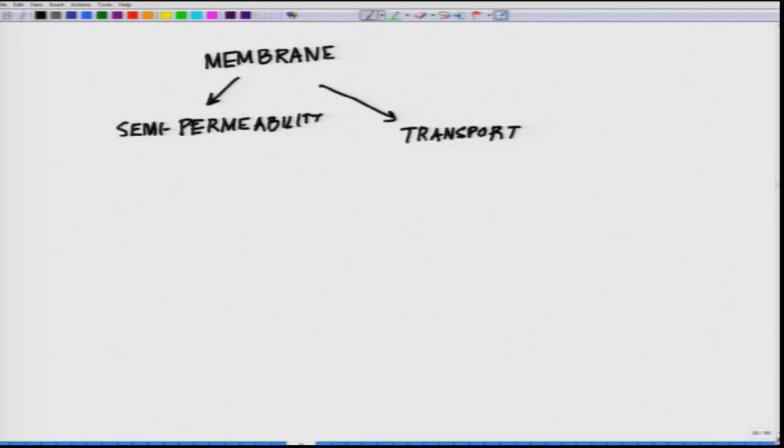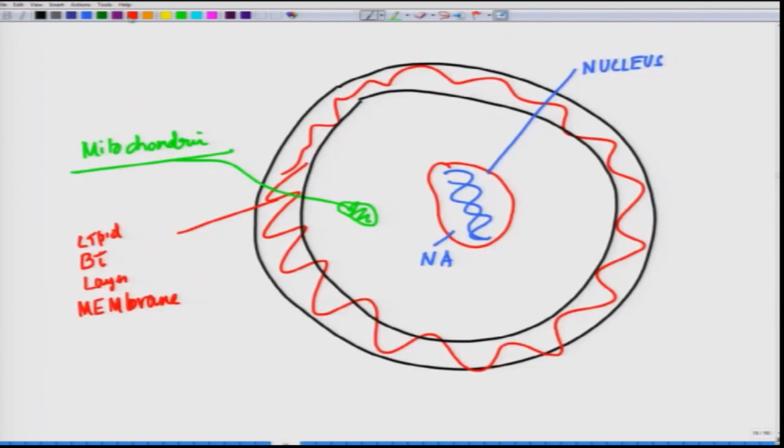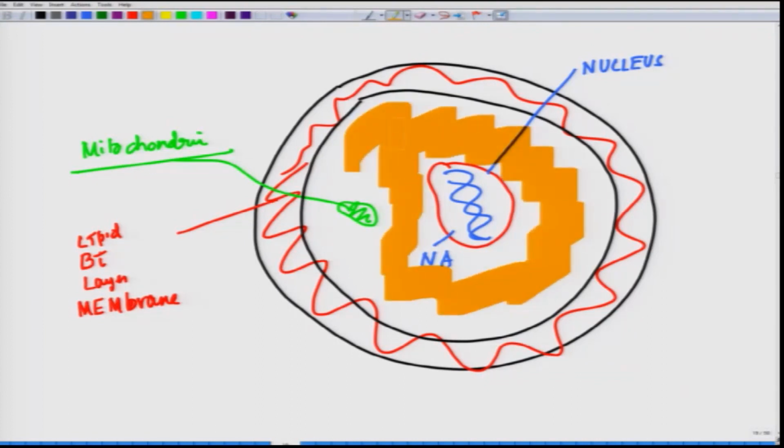It could have diffusion, it could have facilitated transport, and this part, what you see here, between the nucleus and the membrane, is called the cytoplasm, and these are the different organelles.